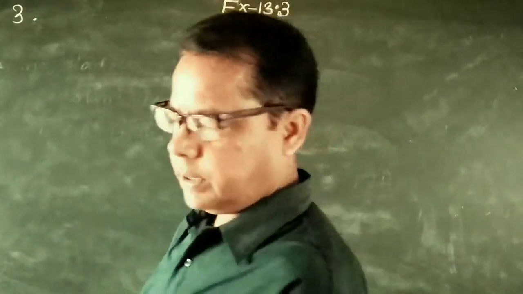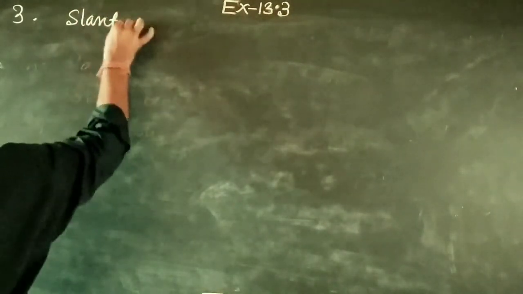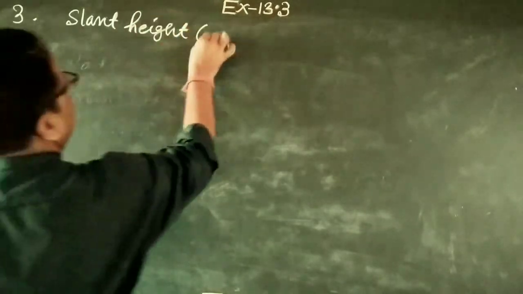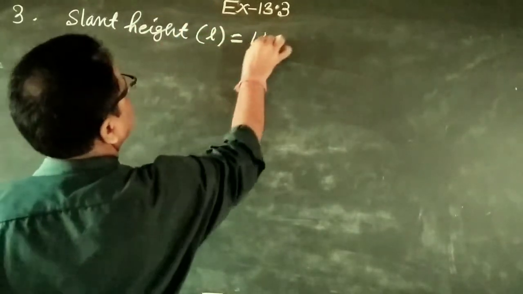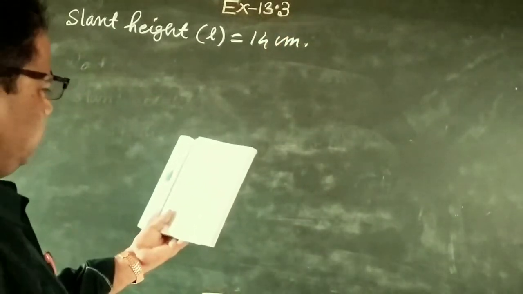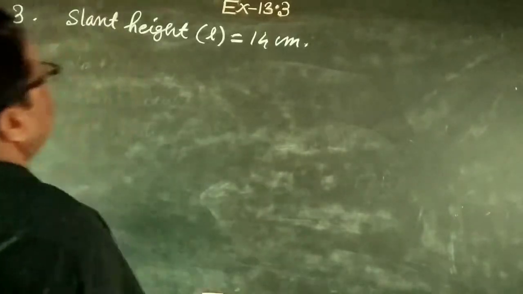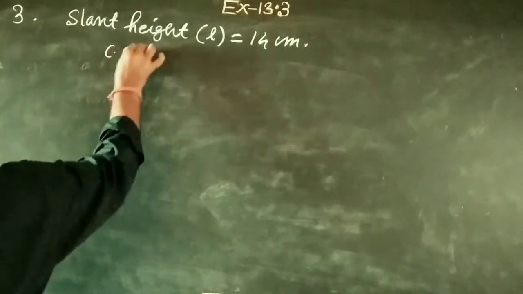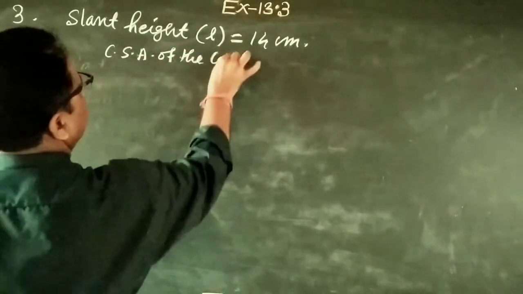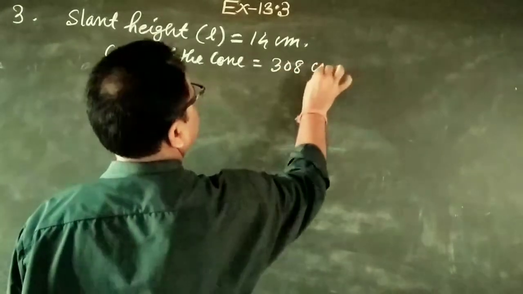Given here, slant height, which we generally denote by the letter L, is 14 centimeter. Curved surface area of the cone is 308 centimeter square.